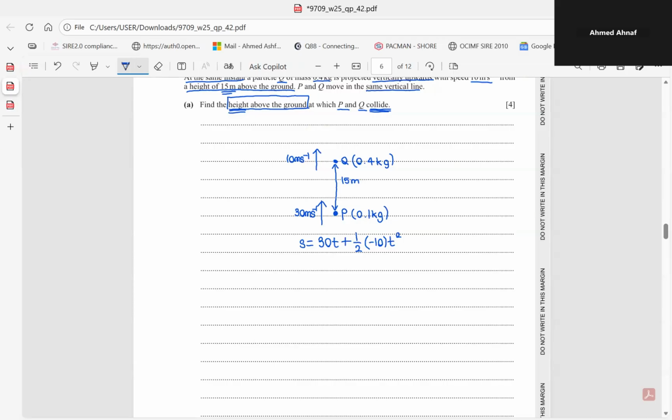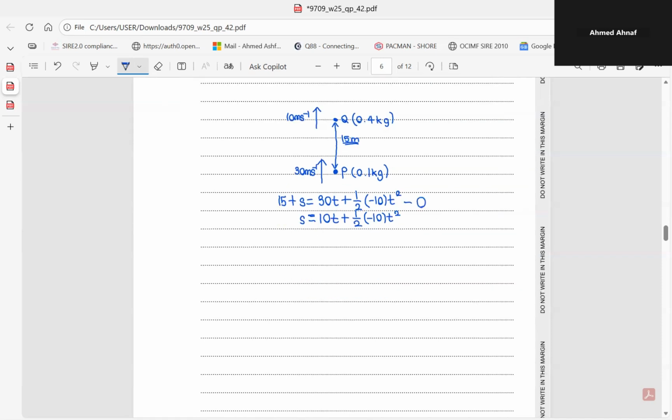That's for P. And since it has to first cross the 15 meters barrier, you also have to add 15 here. And then for Q, it's just going to be the height S that it has to conquer. So it's going to be 10t plus half negative g t squared.